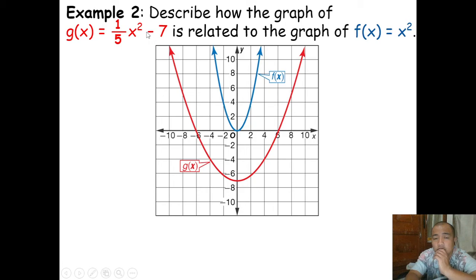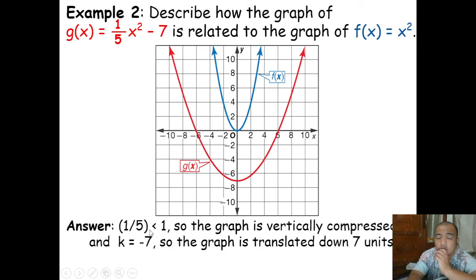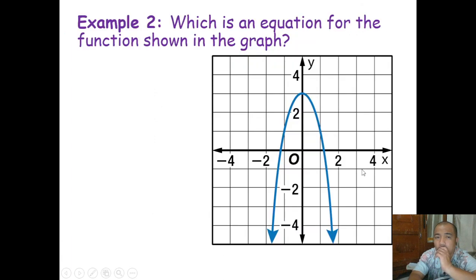And also, since we have here minus 7, there will be a translation 7 units below. Since 1/3 is less than 1, the graph is vertically compressed. It will become wider, and k equals negative 7. So therefore, the graph is translated down 7 units. I hope you can follow.